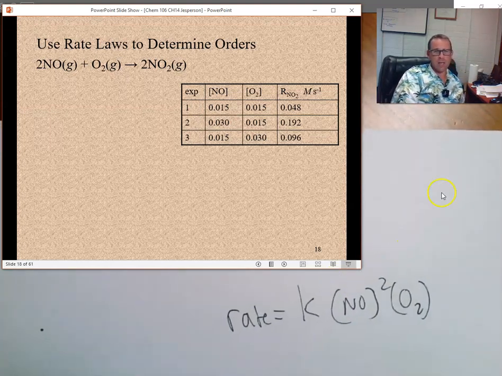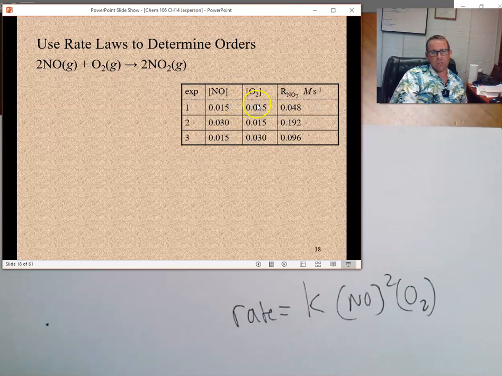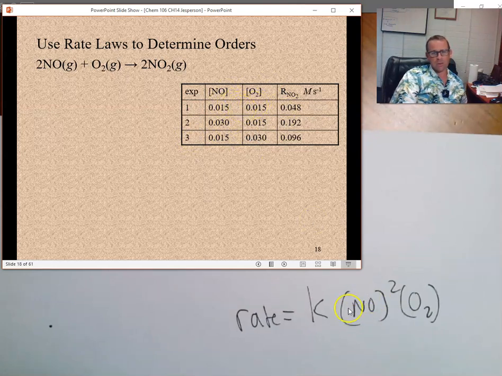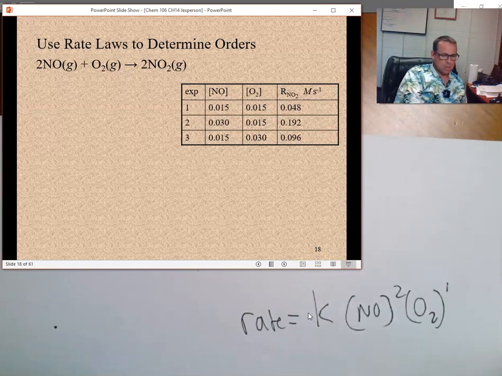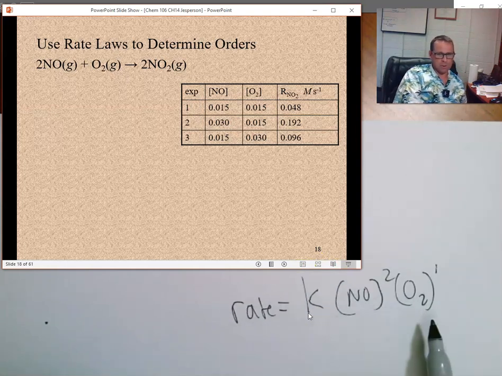All we do is we choose any experiment, experiment 1, experiment 2, experiment 3, any one, and choose the concentrations of the reactants and put them into this rate law, and choose the rate of the reaction and put it in over here, and we can solve for our lowercase k. So this is the rate law that we've learned so far.